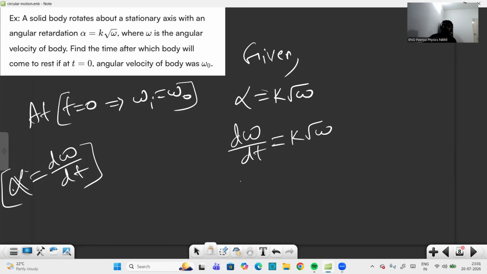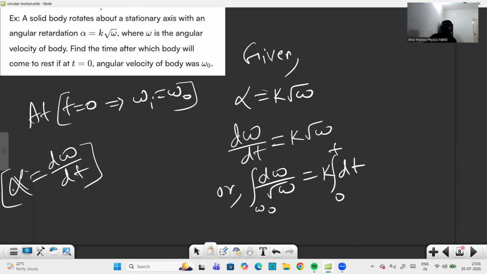So we put d omega by root omega equals k dt. Now it is in integral form, so we integrate both sides. Here time changes from 0 to t, and the initial angular velocity of the body was omega naught.